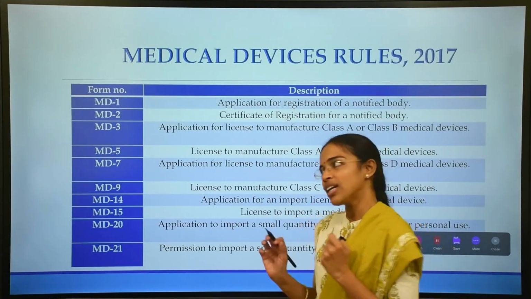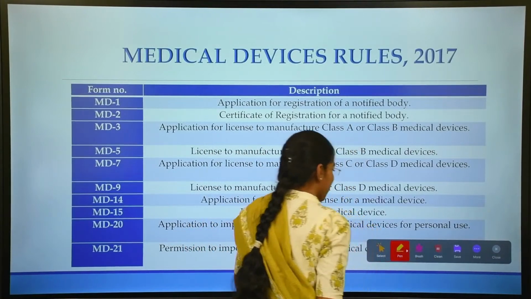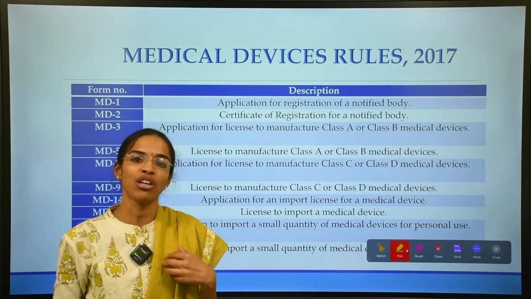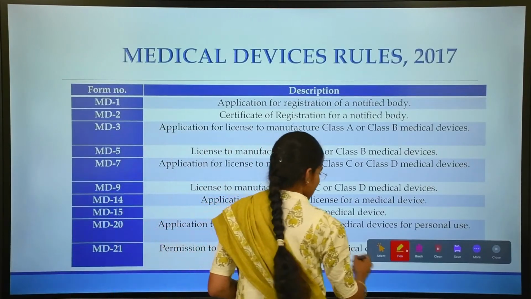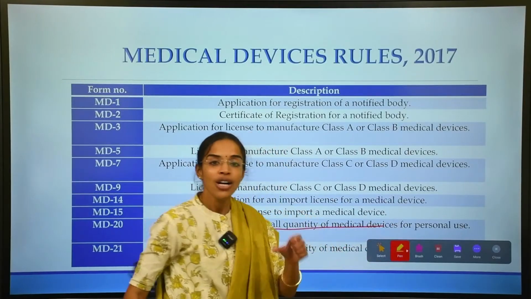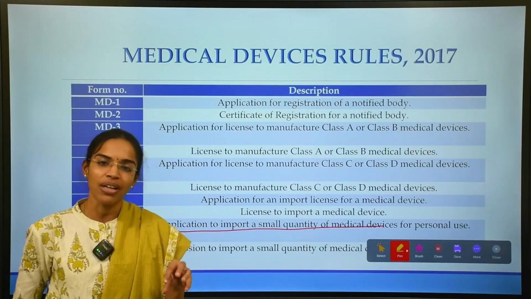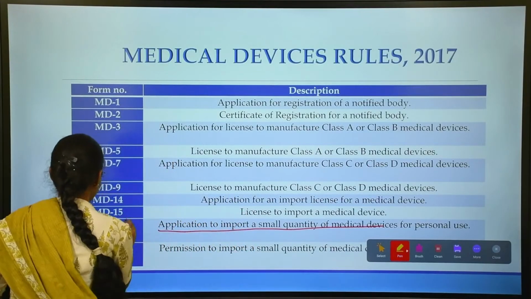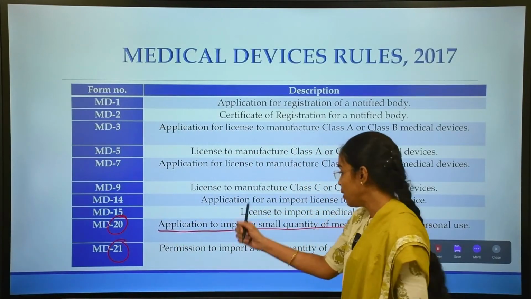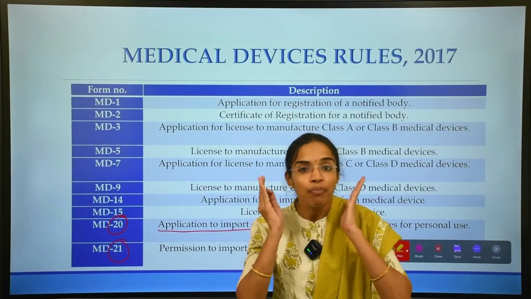Forms 20 and 21 are the application not by a particular manufacturer. This is the application for import, regarding the import of small quantities of medical devices. Both 20 and 21 deal with the import of medical devices for personal use.